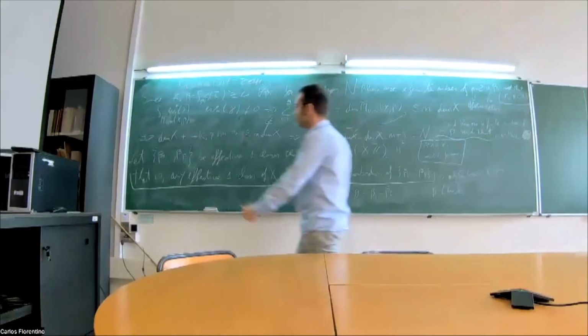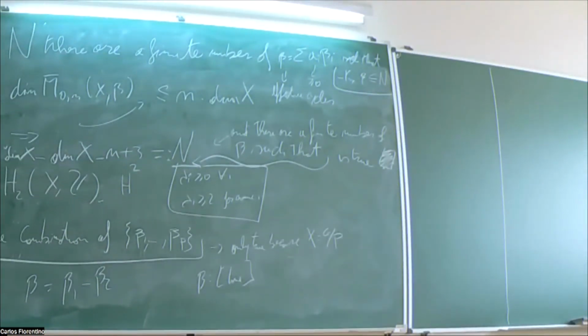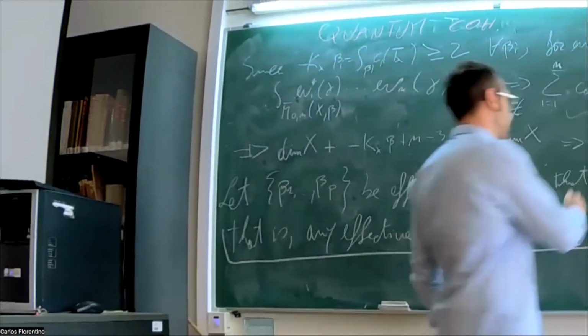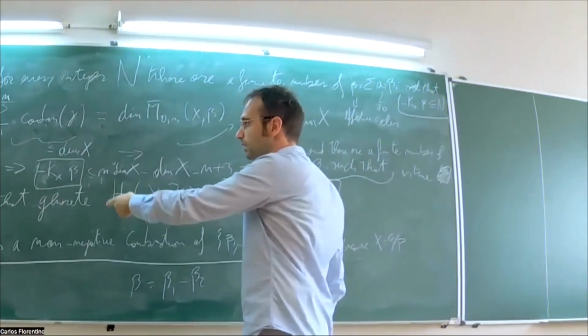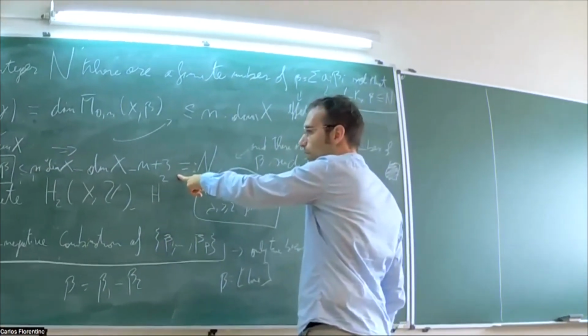So this is the dimension of the moduli space, which we proved is at most n times the dimension of X. So this part, which is the unit that depends on beta, is at most this one.